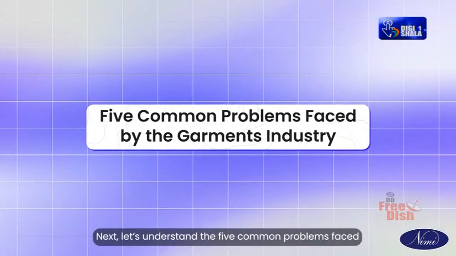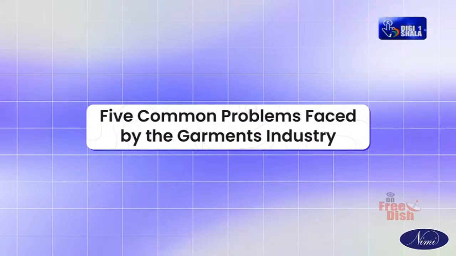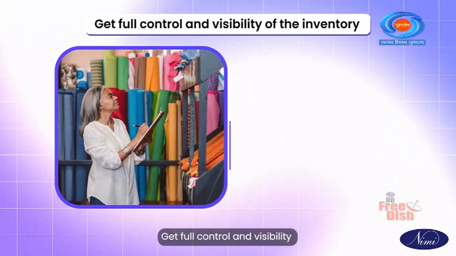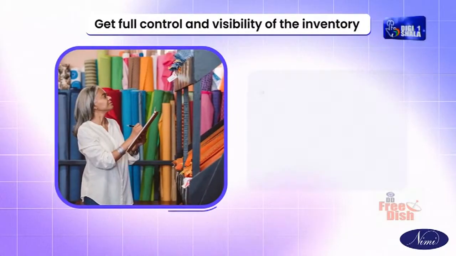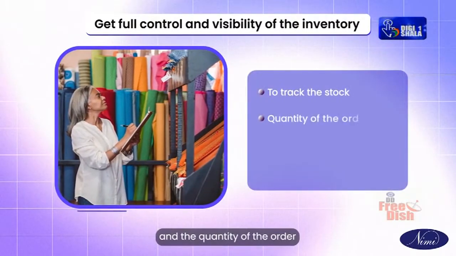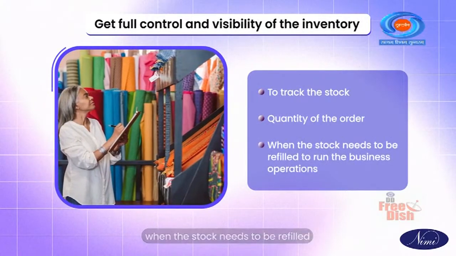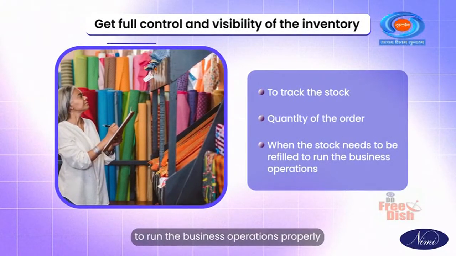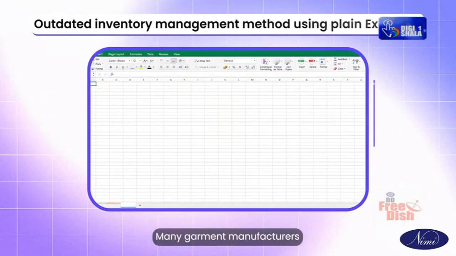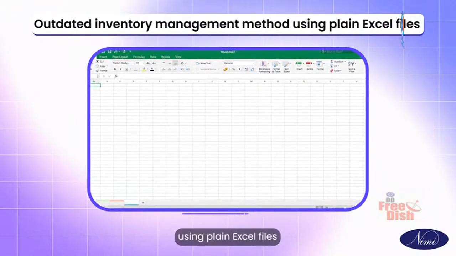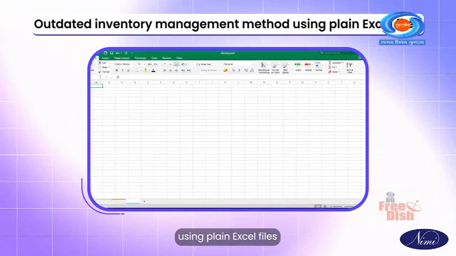Next, let's understand the 5 common problems faced by the garments industry. Get full control and visibility of the inventory to track the stock and the quantity of the order and to understand when the stock needs to be refilled to run the business operations properly. Many garment manufacturers still follow the outdated inventory management method using plain Excel files.